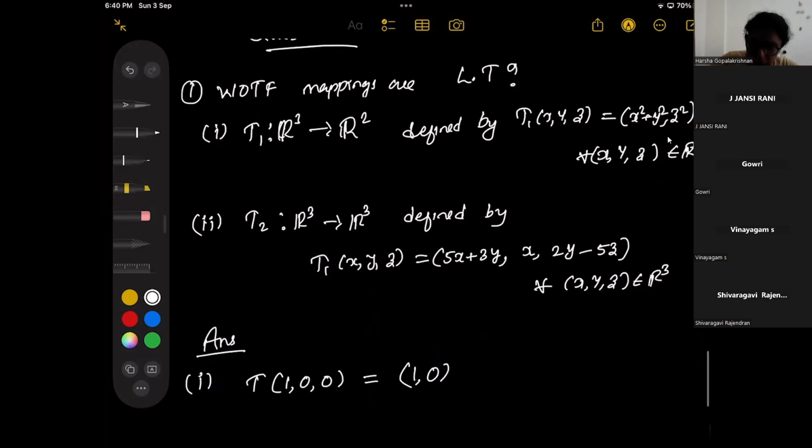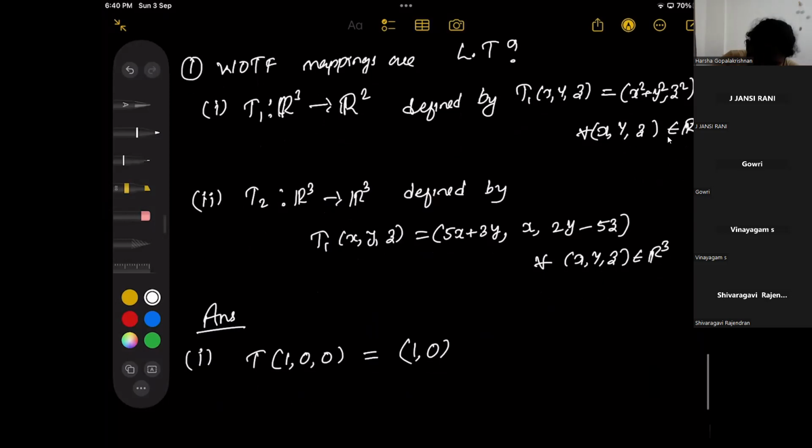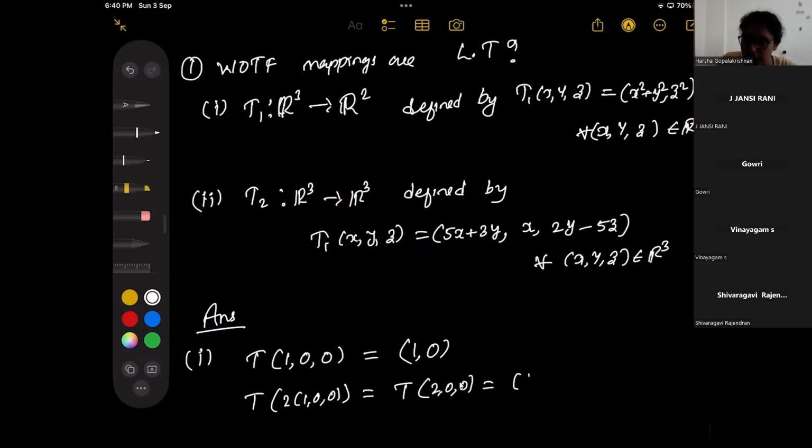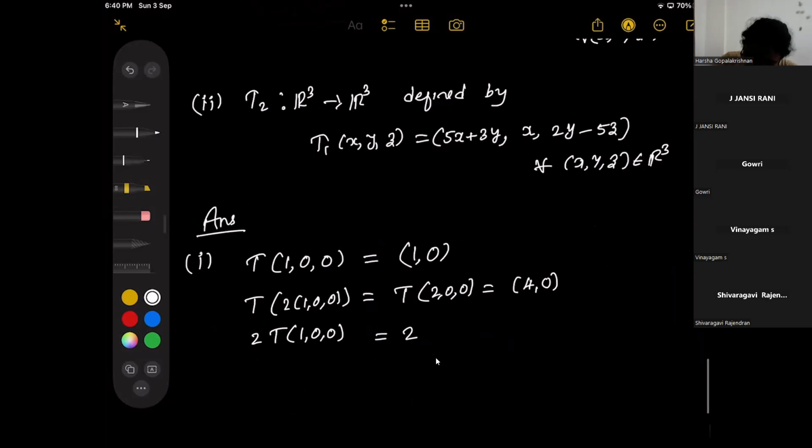Now I am doing T of 2 times 1, 0, 0, which is T of 2, 0, 0. Here we will get 4, 0. You can do the calculation. Now, let us check 2 times T of 1, 0, 0. We have already found T of 1, 0, 0 is 1, 0. So we will get 2 times 1, 0, which is just 2, 0.